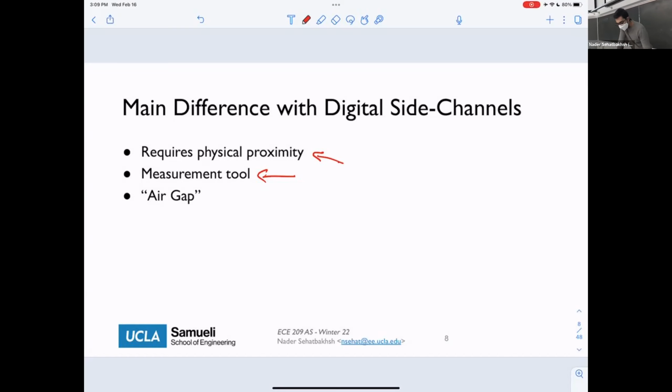And finally, the major difference between digital and physical is this concept of air gaps. An air gap, regardless of side channels, is defined mainly for computers as a computer where all the external ports are either monitored or disabled.